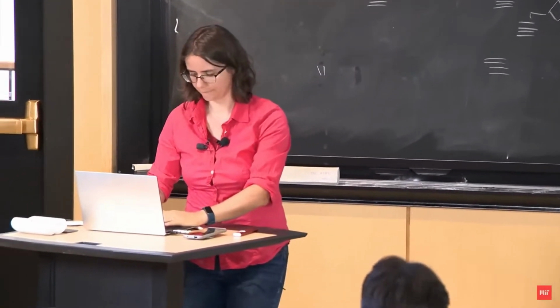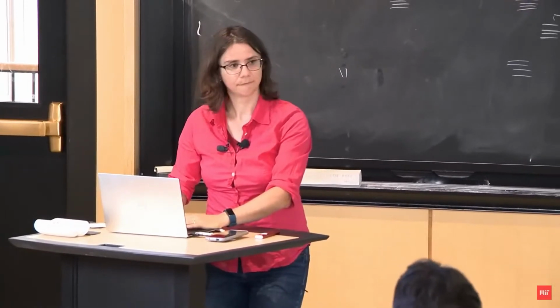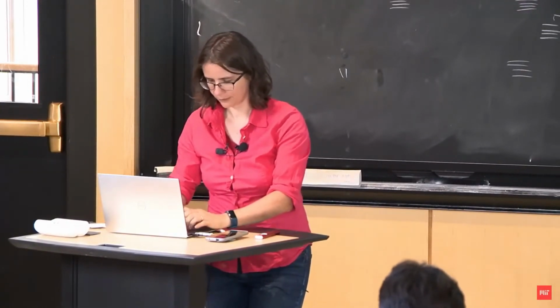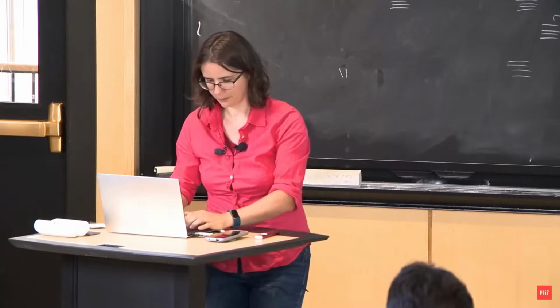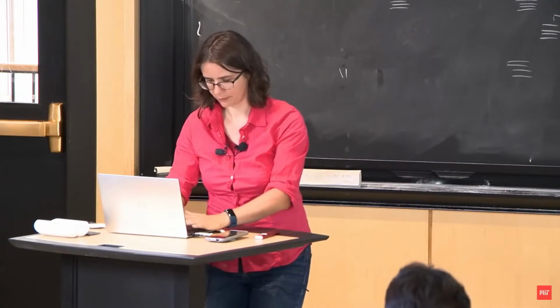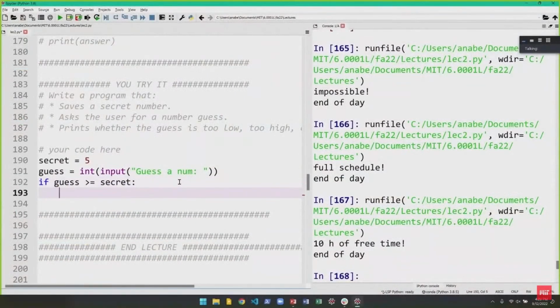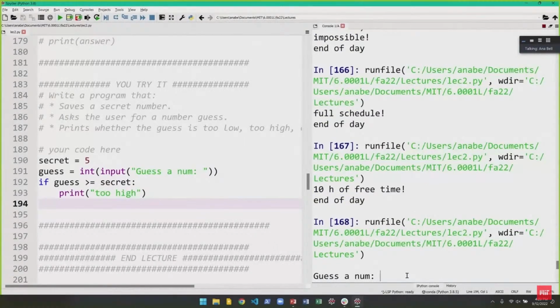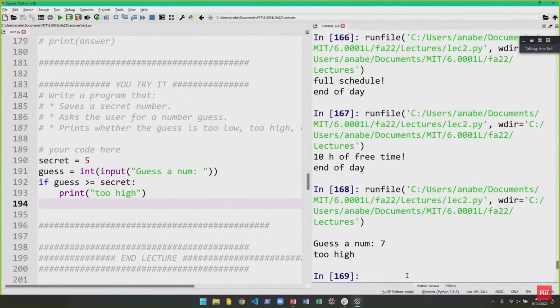So I have if text is greater than or equal to next to it. Print, this is too high. Yep, too high. Good. That's a great start. So we can even run it and guess something that we know is too high. Perfect. Too high.